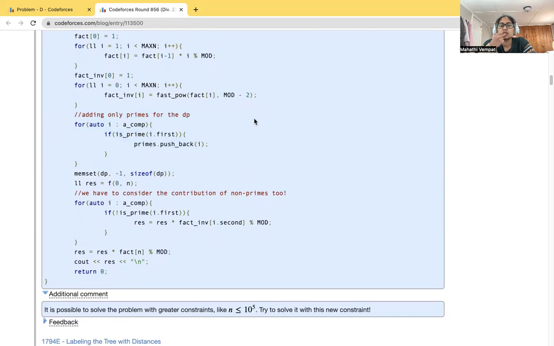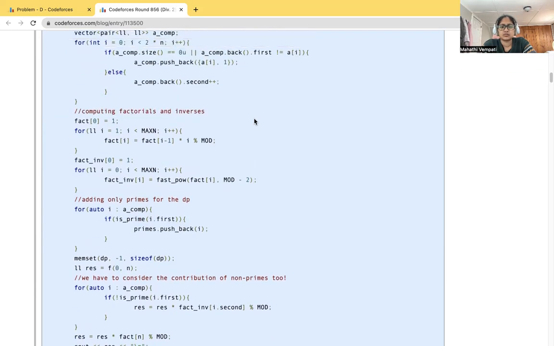A bunch of things I wouldn't have done, I guess, like computing factorials and keeping them. That is smart, I think.